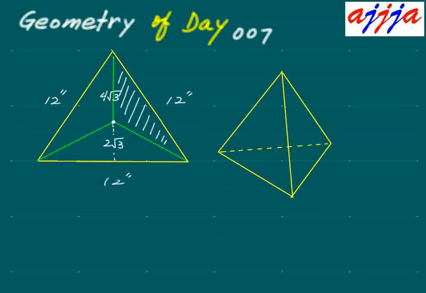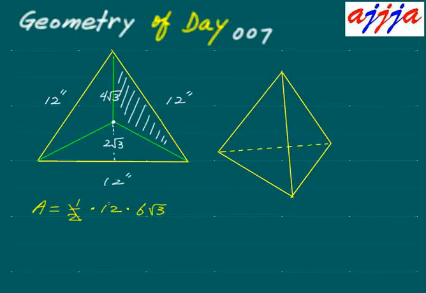Yes, sometimes you deal with this equilateral triangle, and sometimes you need the area. So the area is simply now what? That's right, the base times the height divided by 2. So the area is half of the base, which is 12, times the height, which was 6 square root 3.